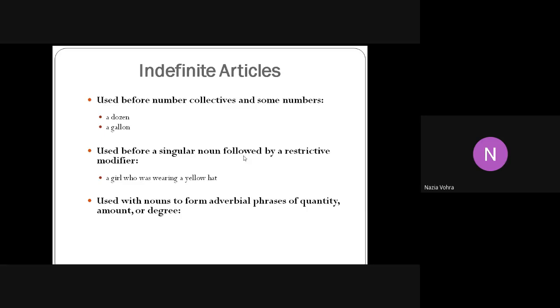Okay, then it is used to form adverbial phrases of quantity, amount, or degree. Say, I felt a bit depressed. What do you mean by a bit depressed? A little. It's a quantity. We cannot say how much depression in quantity, like 1 kilo, 2 kilos, 1 liter, 2 liters of depression.